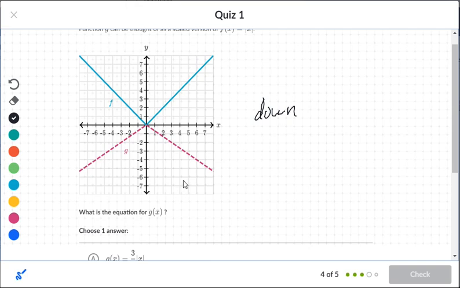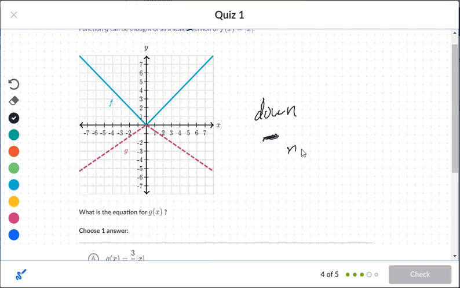Now again, as for the 2, 3, you can go down 2 and then you go to the right 3. So you can see, down 2, right 3. But anything going down should be anything that's negative. So since it's going down, we're looking for something that has a negative sign in front.